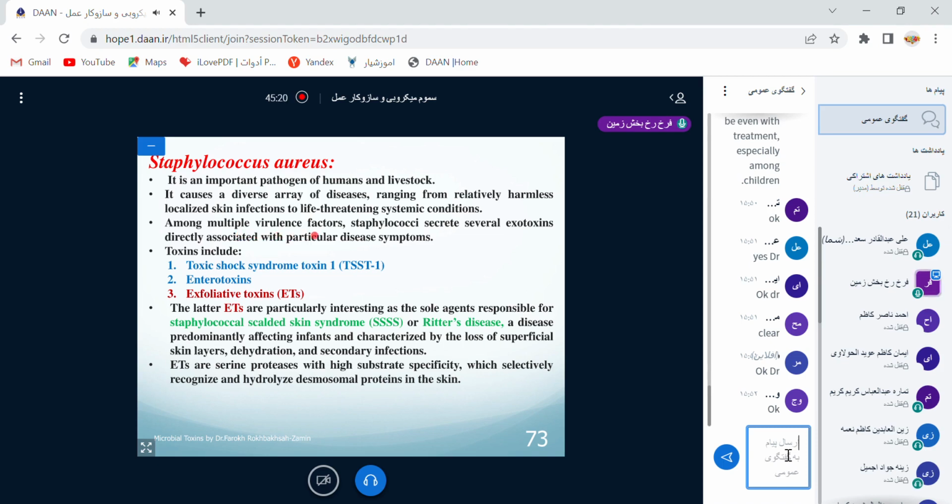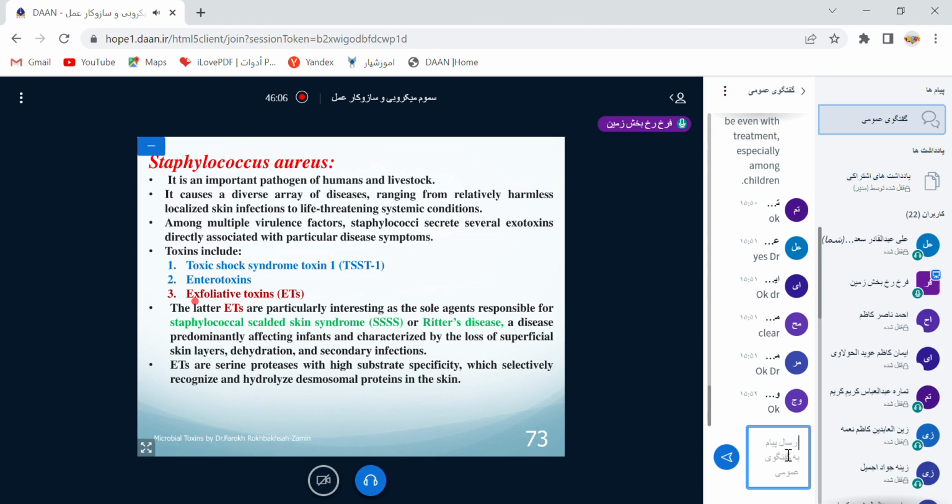Among multiple virulence factors, Staphylococci secrete several exotoxins directly associated with particular disease syndromes. For example, some can produce toxic shock syndrome toxin 1 or TSST1. Some can produce enterotoxins, which are effective on our intestine and alimentary canal, mostly coming by food poisoning.